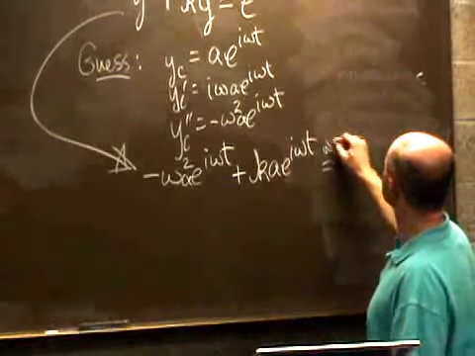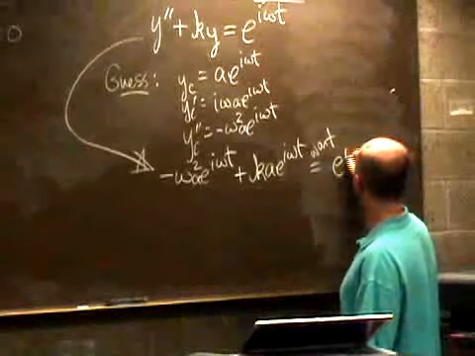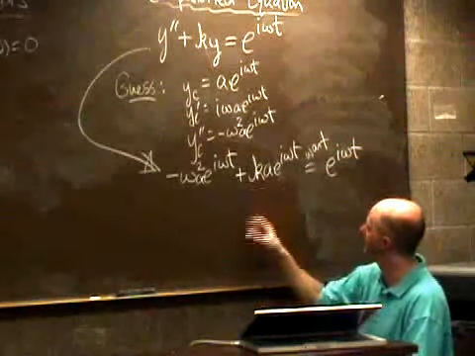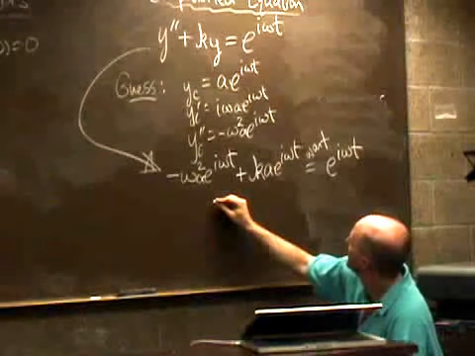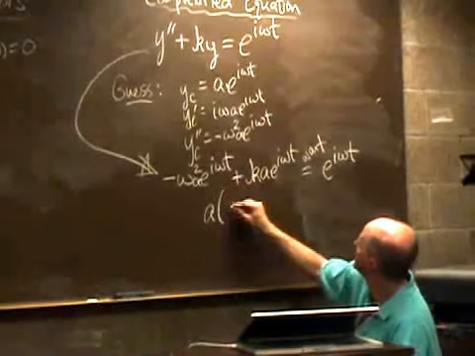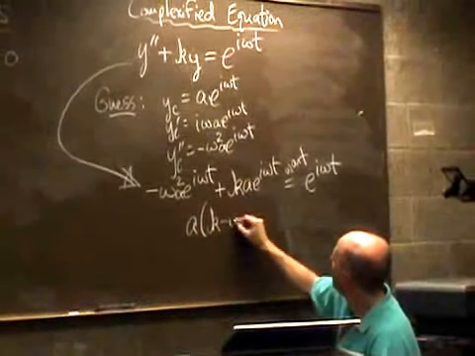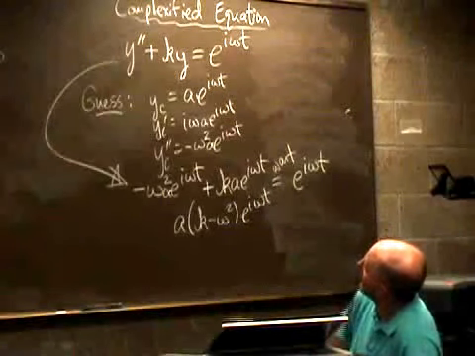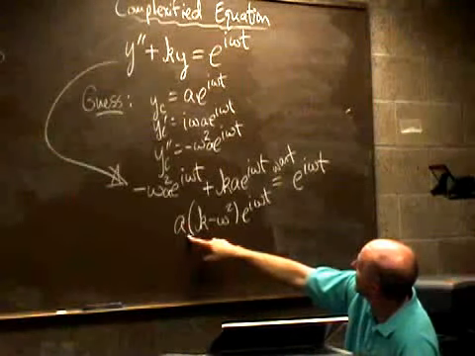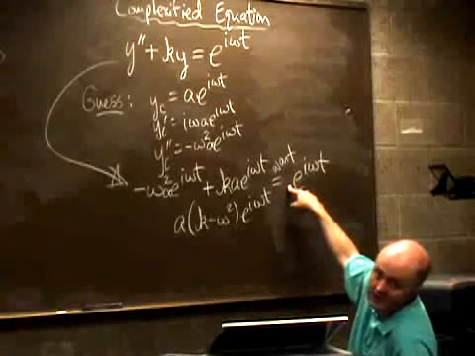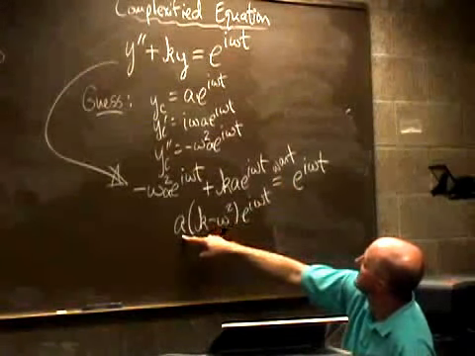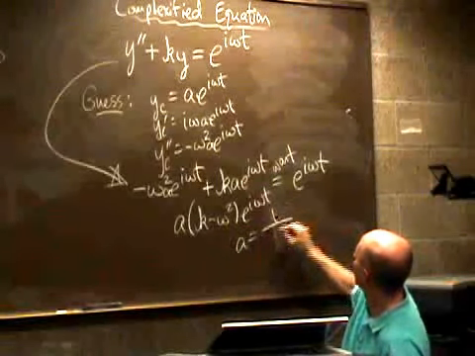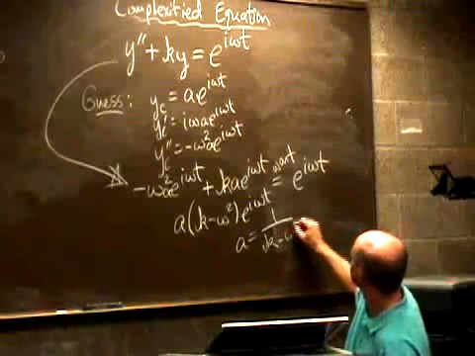You want that to equal the right-hand side for all values of t, and factoring out as much as you can on the left-hand side, you see that you can factor out an a and an e to the I omega t. Means that you want to choose the a so that this product is 1. In other words, a is going to be the reciprocal of that thing. A is going to be 1 over k minus omega squared.